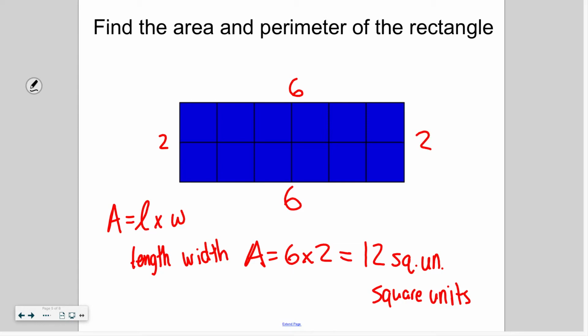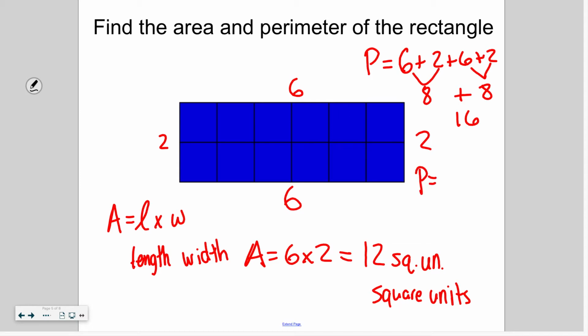So I'm going to add up all four sides now that I know how long they each are. 6 plus 2 plus 6 plus 2. Well, I know that 6 plus 2 is 8. This is 8. And I can add both 8s. 8 plus 8 is 16. So the perimeter is 16 units.